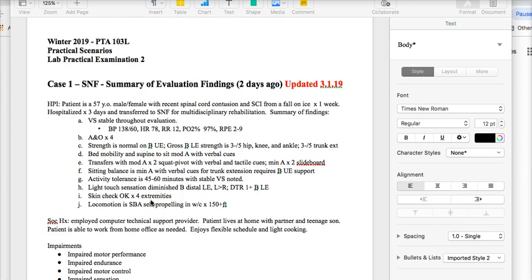So this particular case involves someone that has a health condition of spinal cord injury and a spinal cord contusion, or a more vernacular way of looking at it is a bruised spinal cord. And as a result of that, they have weakness of their lower extremities, ankle and trunk muscles, in particular those trunk extensors.